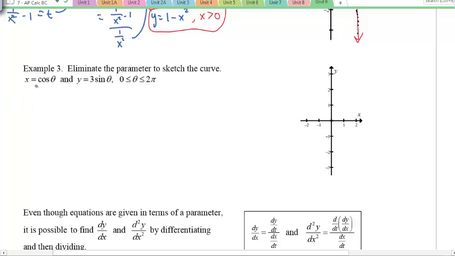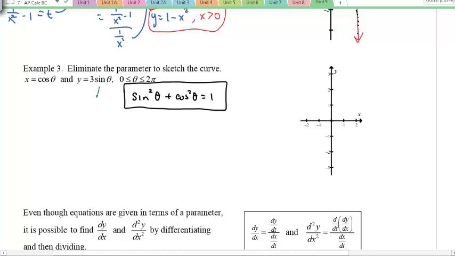Yikes. I hope you remember your trig stuff, because there's one special Pythagorean identity we'd like to use here that will help us out, involving cosine and sine. Do you remember sine squared theta plus cos squared theta equals 1? Remember that? Well, why is this going to help us out?